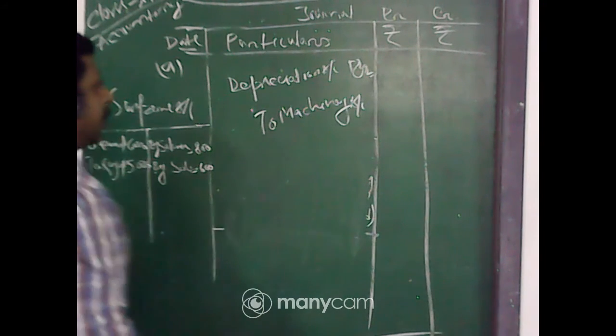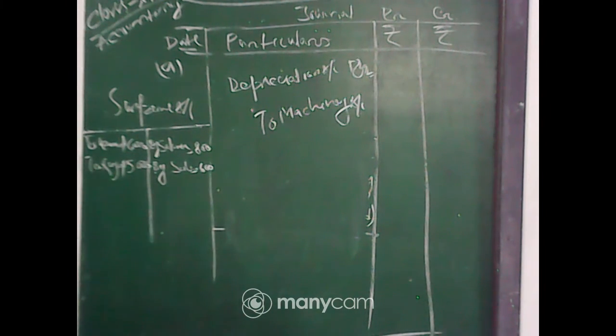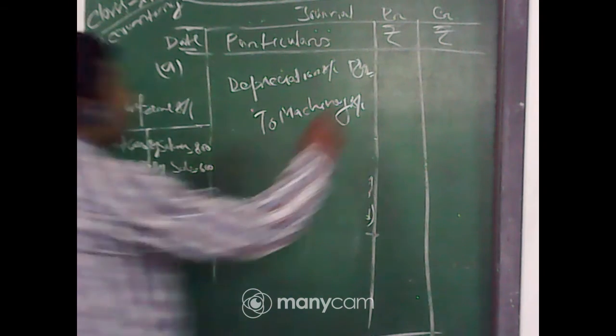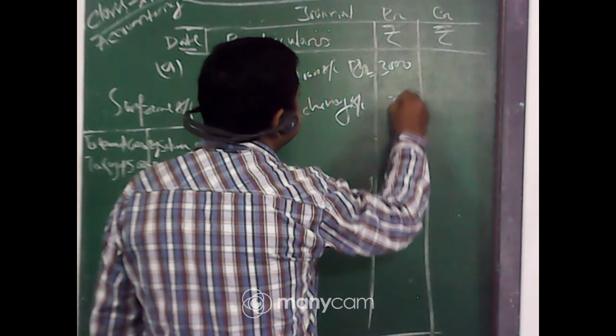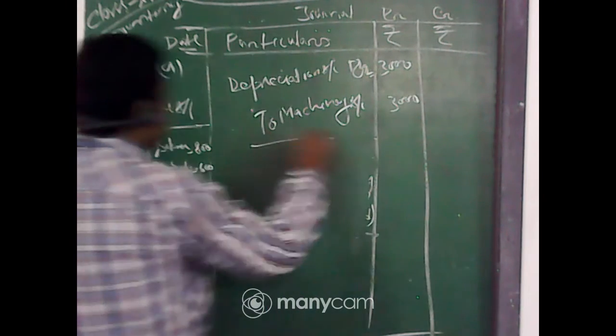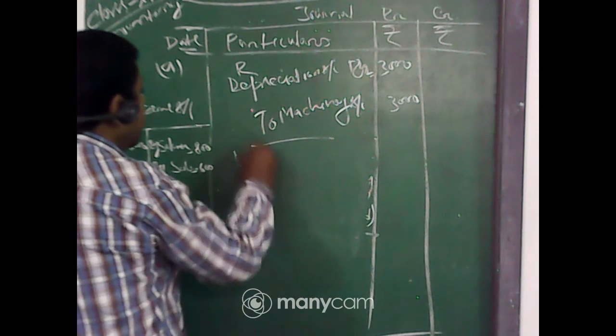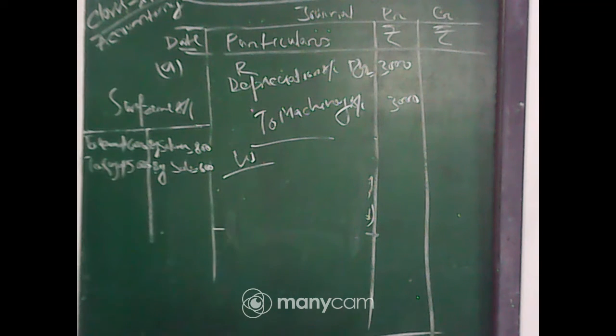Depreciation account debit to machinery, actually the amount is 3000. This is the right entry. What wrong entry did they make? It was posted to machinery account as rupees 300.